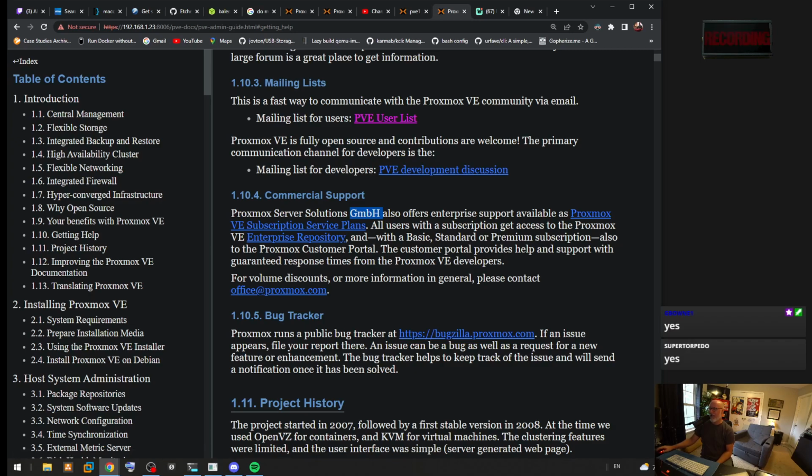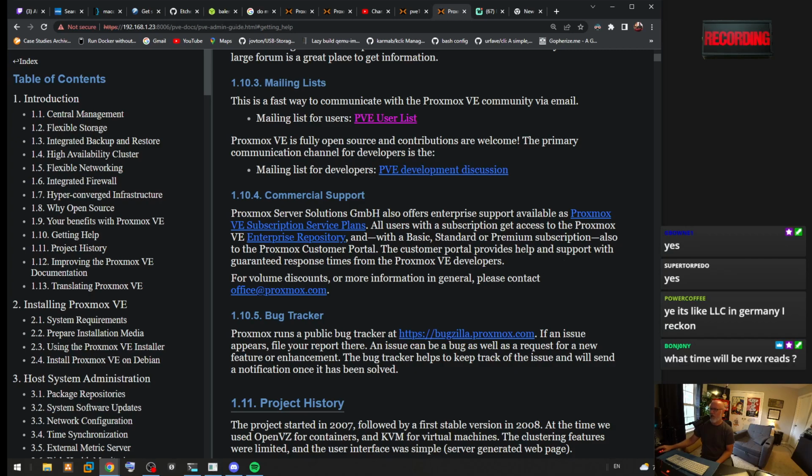Yeah, and with a basic, standard, and premium subscription. GmbH is like LLC in Germany. Nice. It's nice to know that it's a German company. The customer portal provides help and support with guaranteed response times from the Proxmox VE developers. For volume discounts and more information in general, please contact office@proxmox.com.